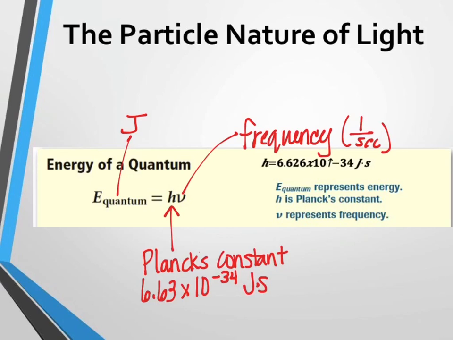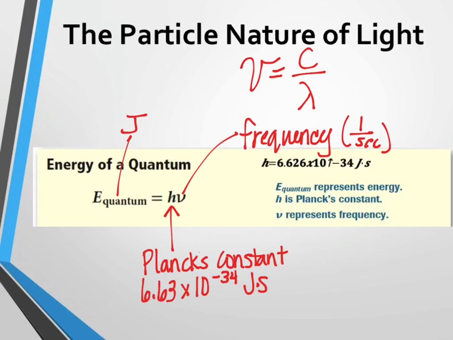So if I tell you the frequency of something, you should be able to tell me its energy. If I gave you the wavelength of something, you should be able to tell me frequency and energy by these two equations. Now, what did I say nu is? Nu is c over lambda.